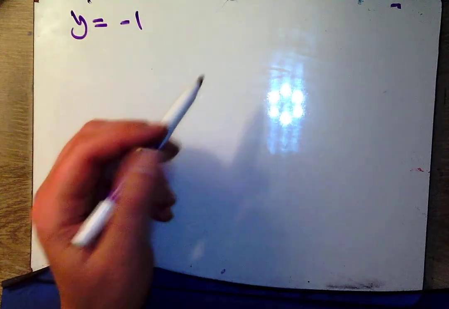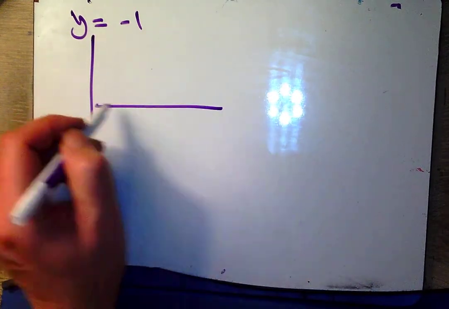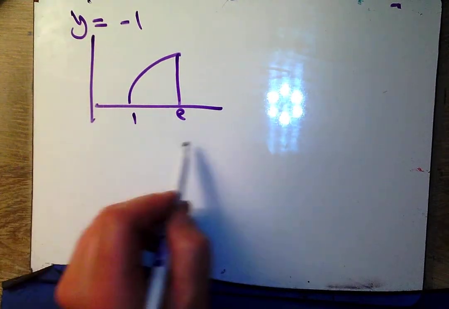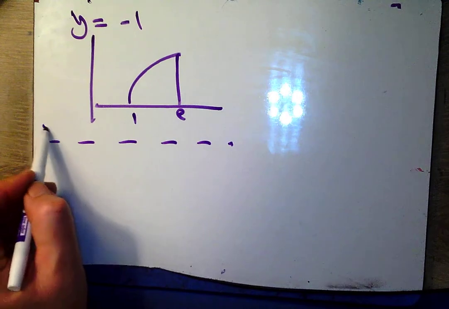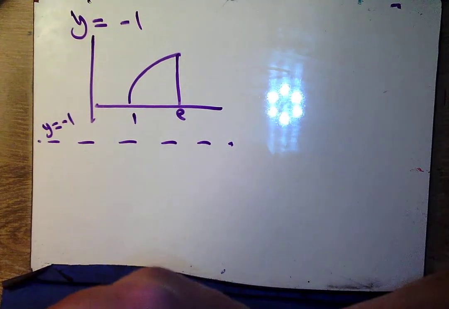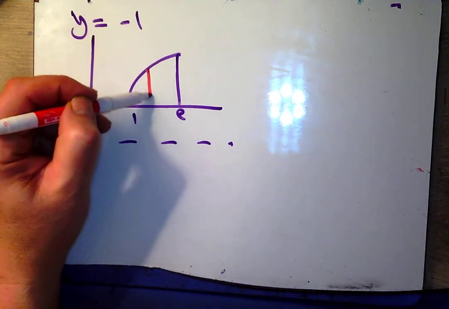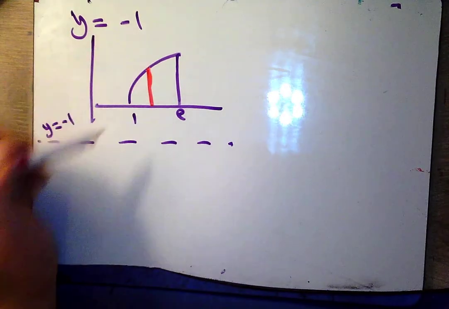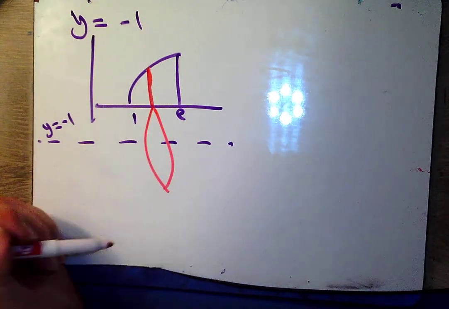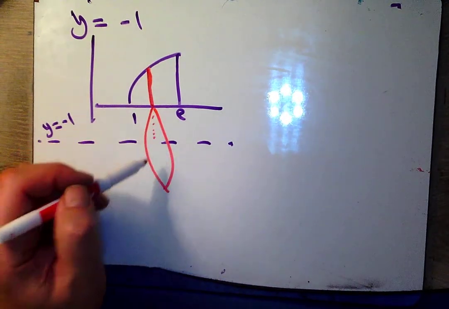And then for our last one, what if we take that region and spin it around y equals negative 1? Okay? So we've got this region, this is e, this is 1, and we're rotating it around y equals negative 1. Okay, so if I'm doing disks and washers, I'm drawing something perpendicular to the axis of rotation, and that's going to be my little r.